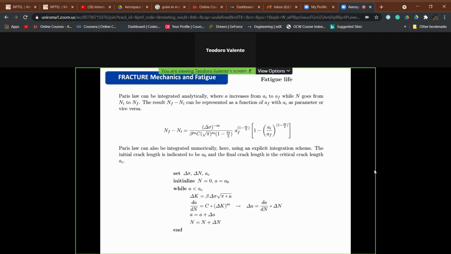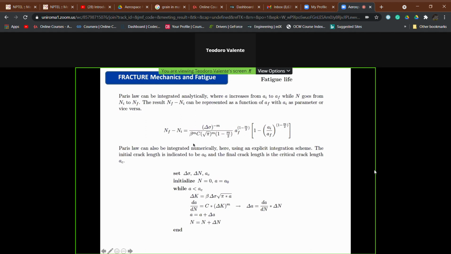And thus, if we know the fracture toughness of the material, by using the fracture mechanics approach we can calculate the value of the critical crack length, knowing the geometry factor epsilon, beta here, from the definition of the stress intensity factor.